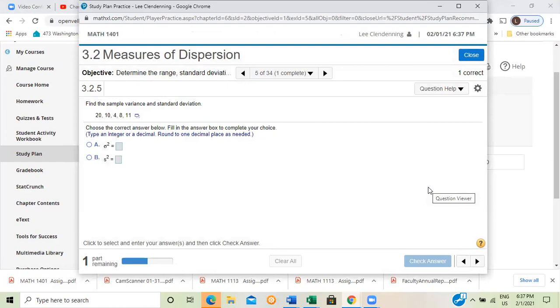Find sample variance and standard deviation. They give you a choice of A, sigma squared, and B, S squared.